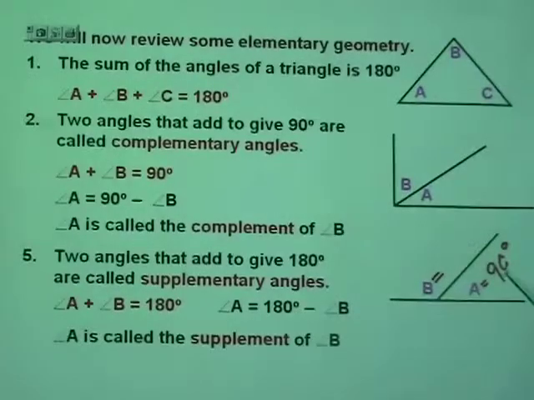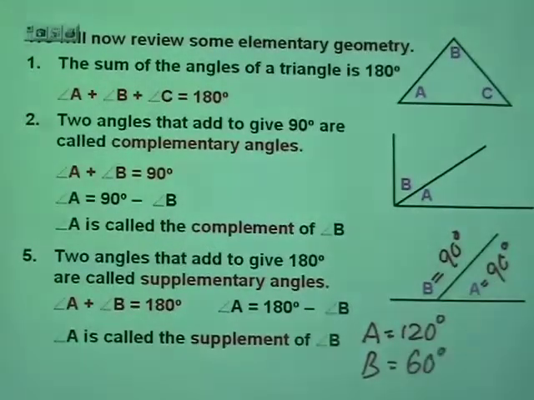You know that the measure of angle A added to the measure of angle B should be 180 degrees. So if A is 90 degrees, B must also be 90 degrees. If A equal to 120 degrees, what will B be equal to?